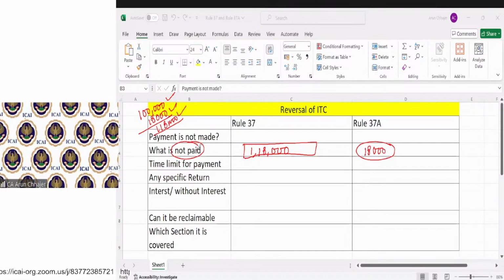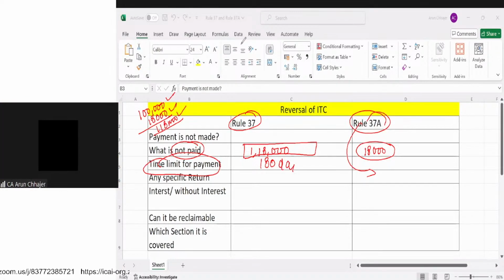Absolutely correct. Time limit for payment. What is the time limit for payment in Rule 37? 180 days. Very nice. And what about Rule 37A? What is the time limit, by which date must the payment be made?